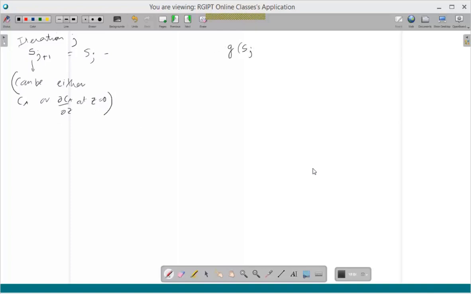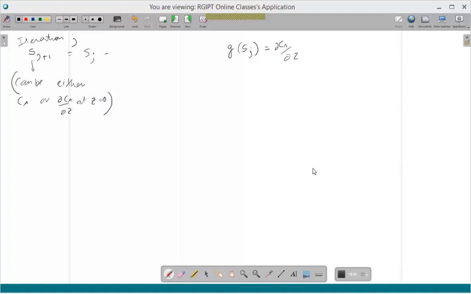G of Sj is given by y at L minus whatever the boundary condition. So here actually G at L would be del y by del Z. Actually, I'm calling y as CA.